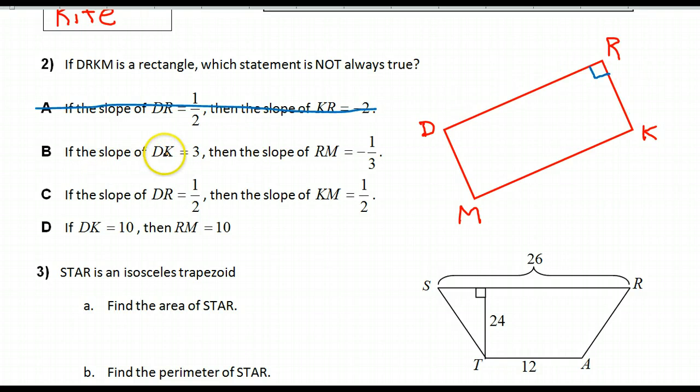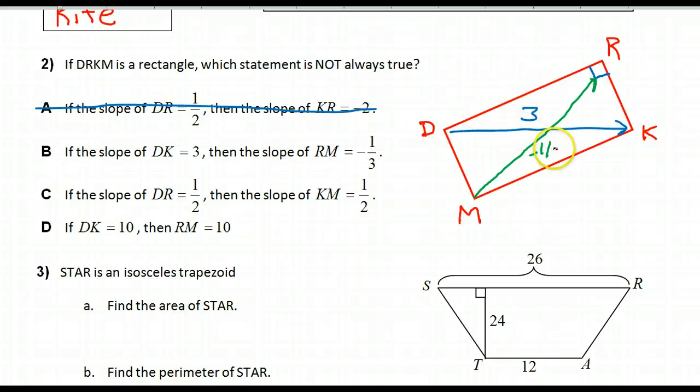If the slope of DK is 3, DK is a diagonal. So if the slope of that was 3, then the slope of RM is -1/3. Then the slope of RM, which would be like this, is -1/3.